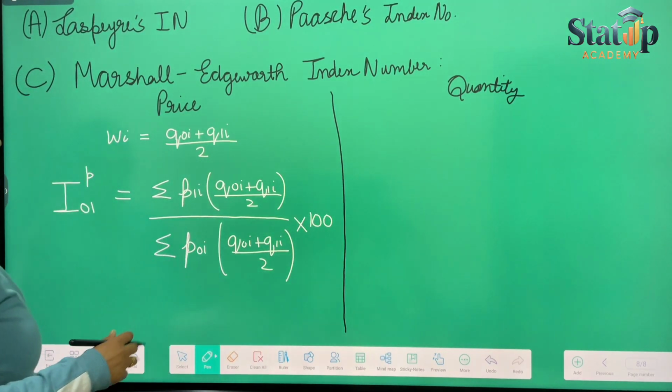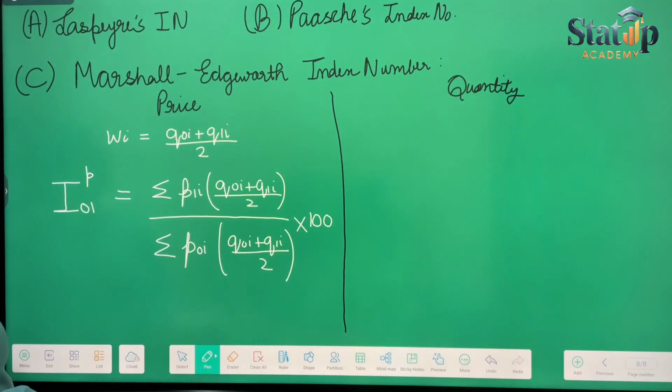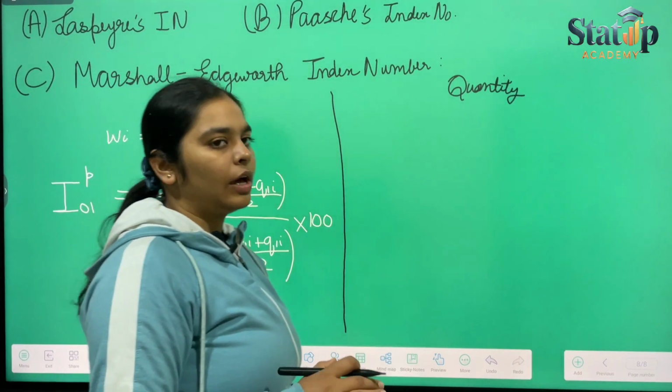So this is our Marshall Edgeworth price index number, where weight is the average of the two quantities of the current year and the base year.